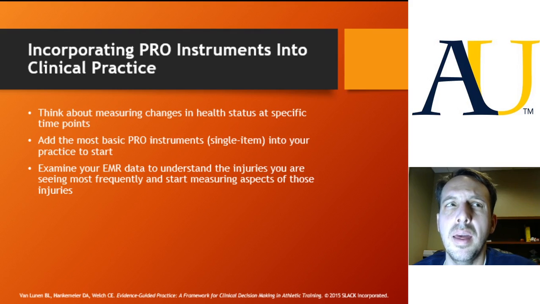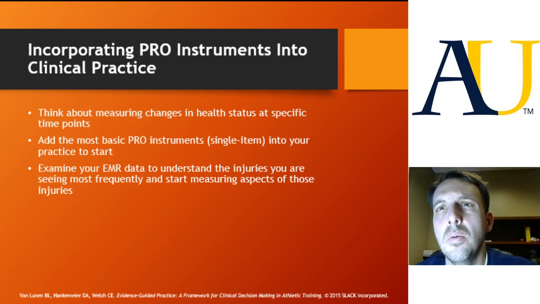And then you would include that in your electronic medical record to go ahead and document that change over time. And so you could then go back and look at these to see whether or not you are in fact improving patient outcomes.